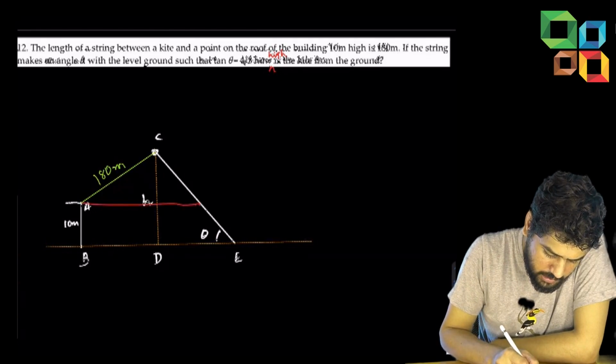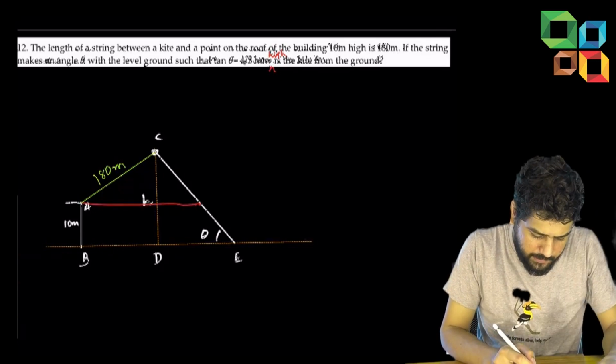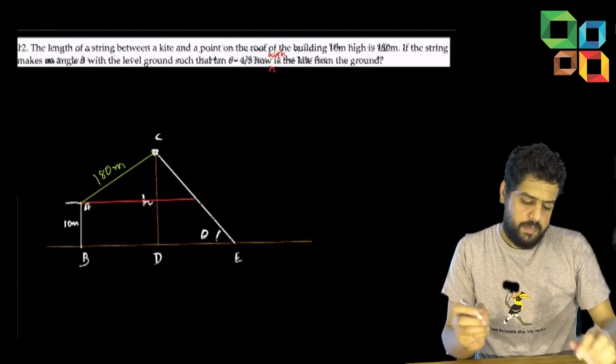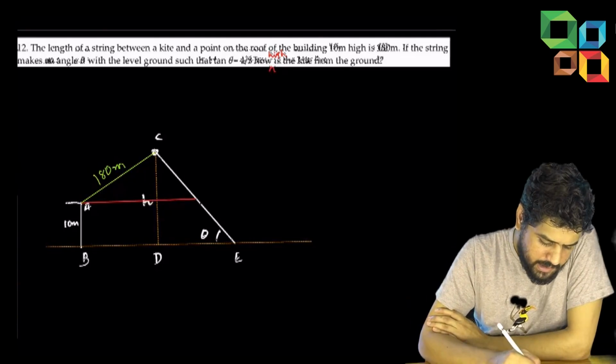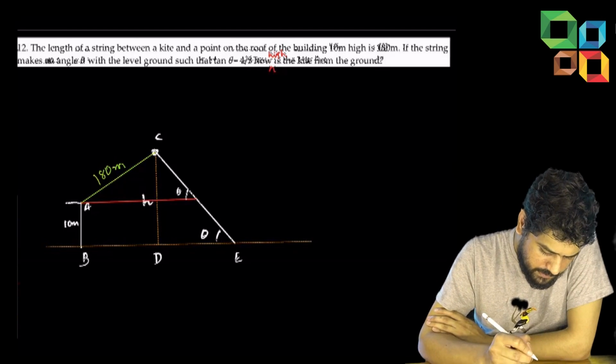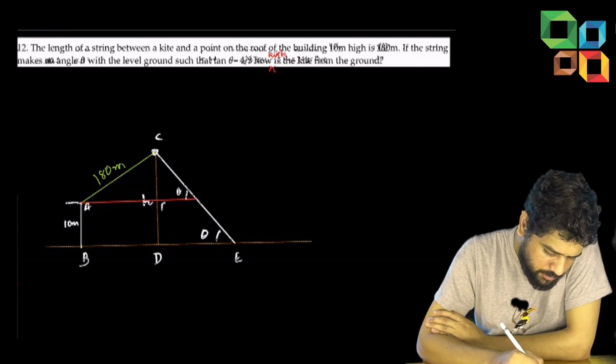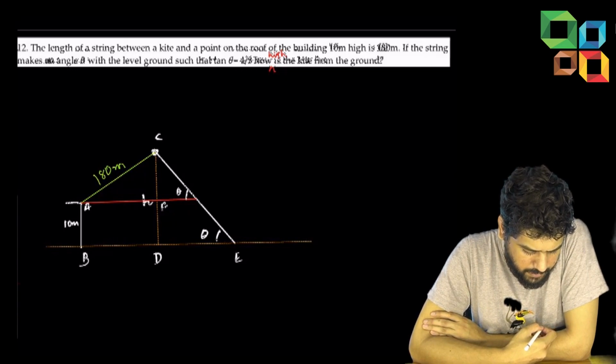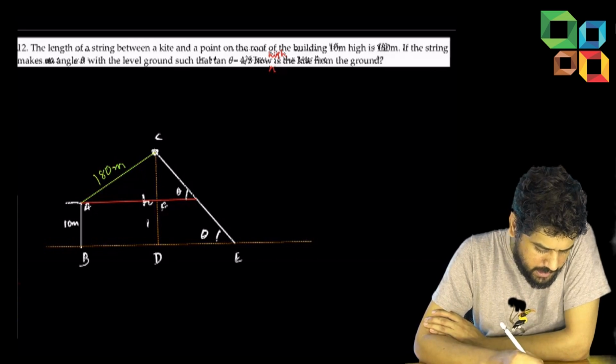So if we draw a horizontal line here, you see that this angle also will be theta. Let me name one more point, F. This height is 10.